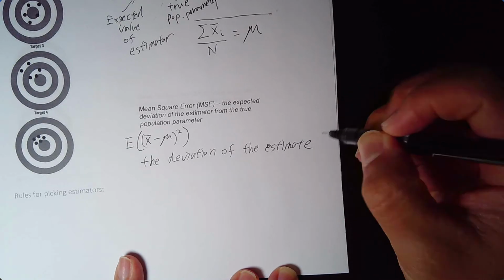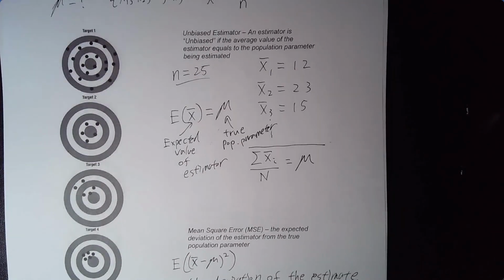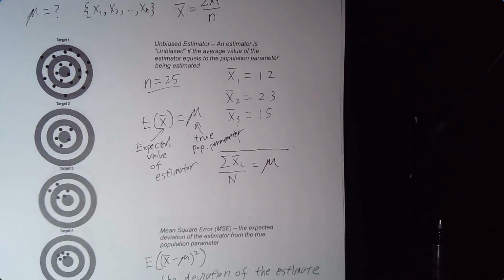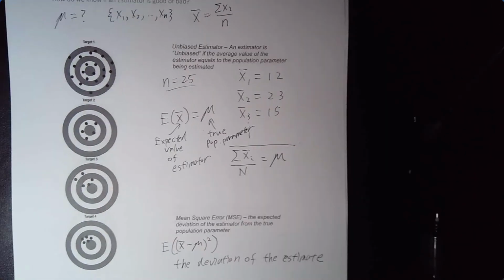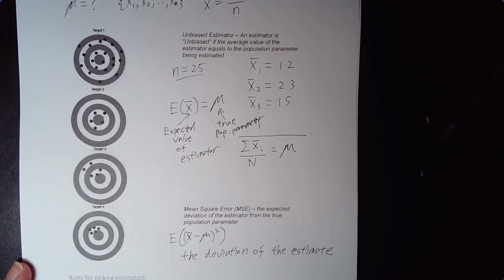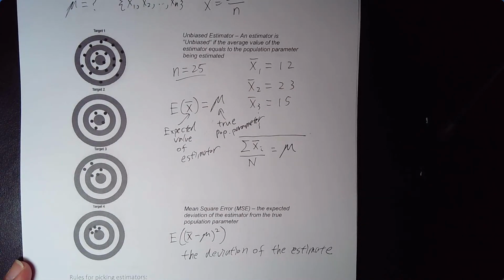I think a visual will help. Let's take these targets that we looked at, and imagine that these targets are by different shooting instructors. Imagine that you are following the instruction of the shooting instructor, and these are the results.